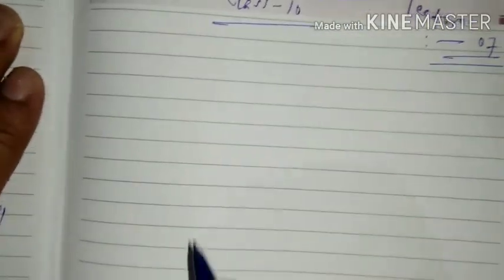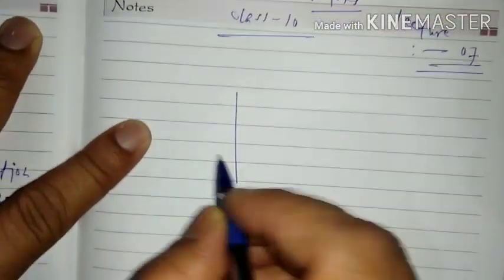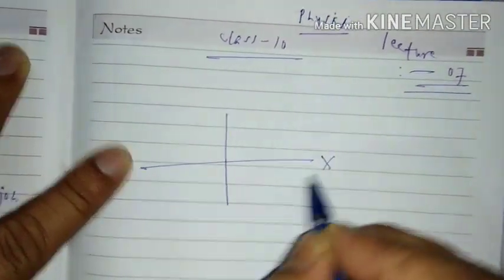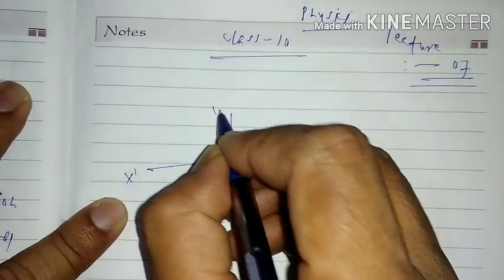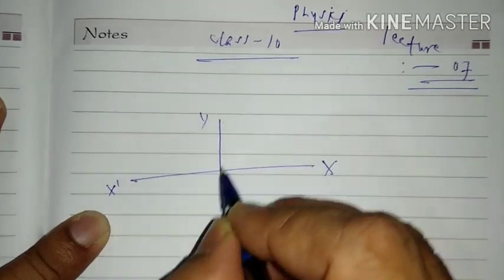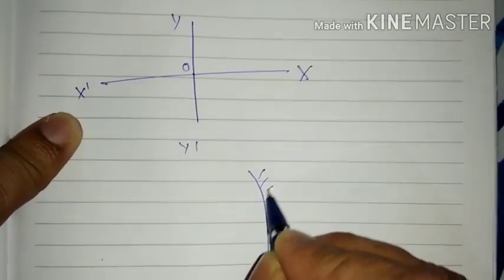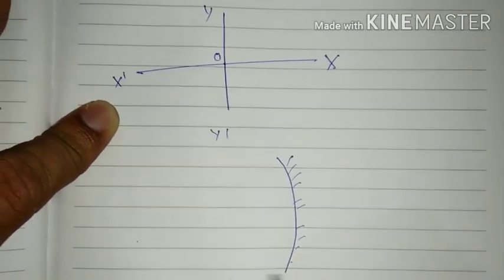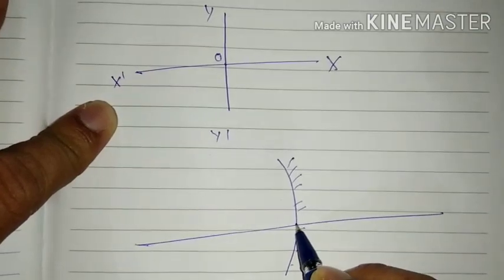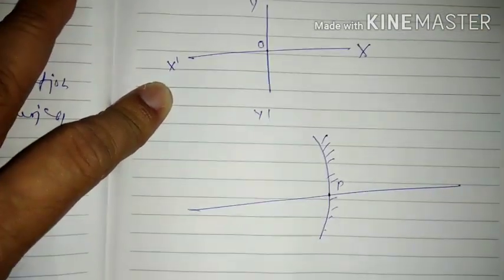So once again see, dear students, suppose this is Cartesian plane, x, x dash, y, y dash, and this is origin. Then when we correlate it with any spherical mirror, in a spherical mirror we know that this is pole.